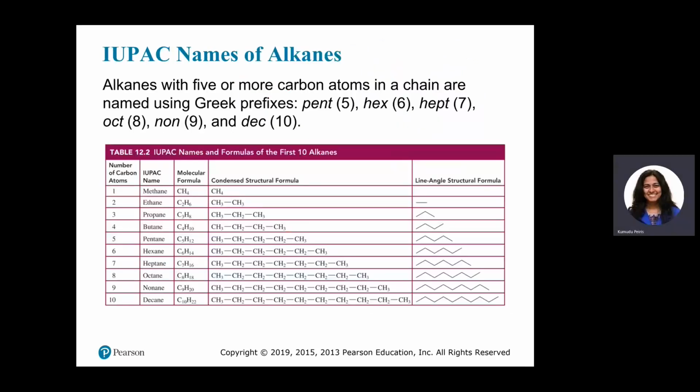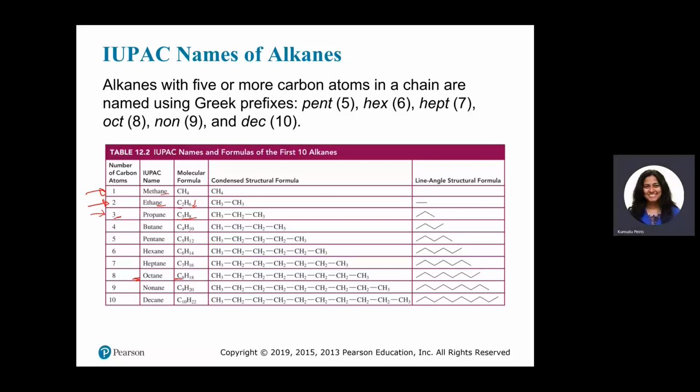If it has one carbon, the name is methane. If it has two carbons, it is ethane, C2H6. Propane has three carbons and the formula is C3H8. Butane has four carbons, C4H10. Octane has eight carbons.